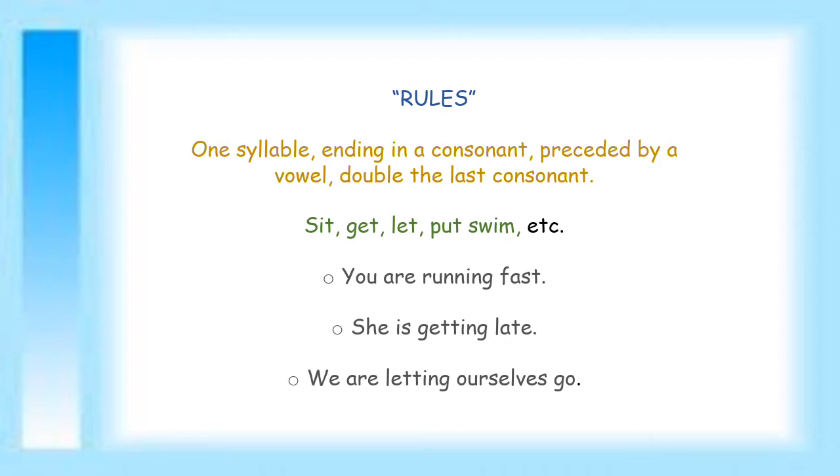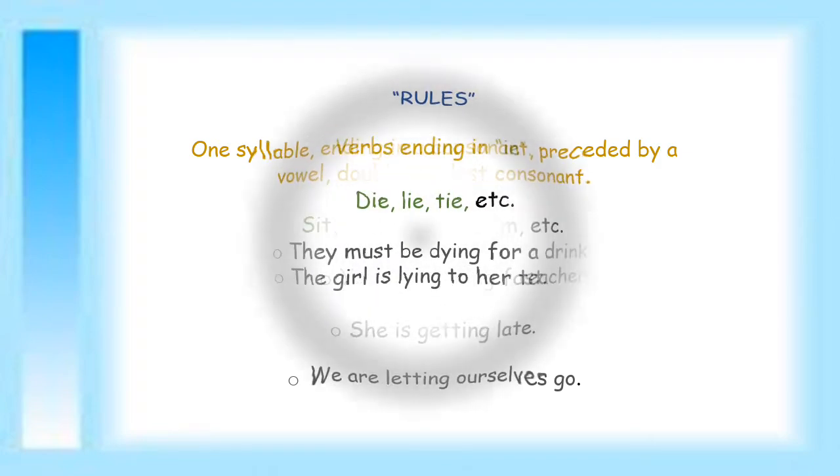For example, you are running fast. As you can see in the verb running, we have doubled the last consonant, in this case the N. The second example says, she is getting late. The verb is getting and we have doubled the last consonant. And the third one, we are letting ourselves go.